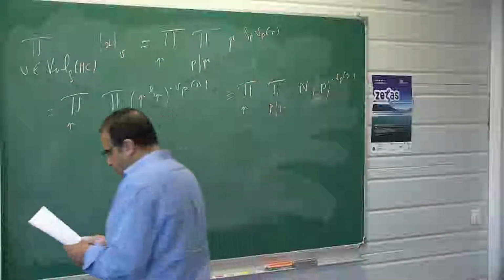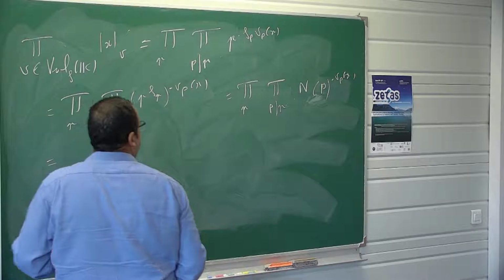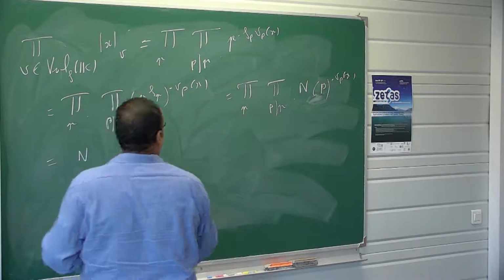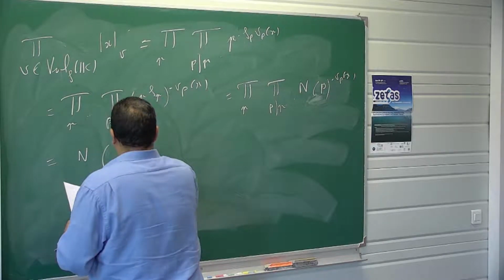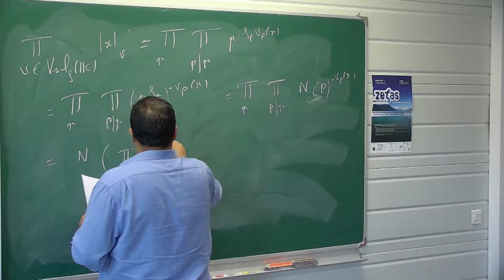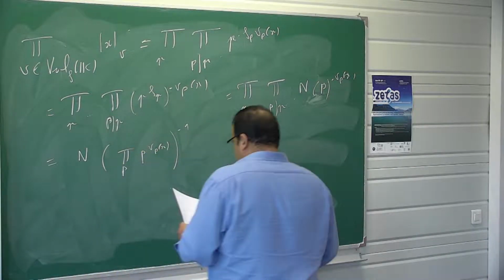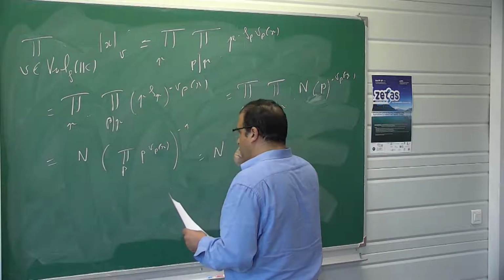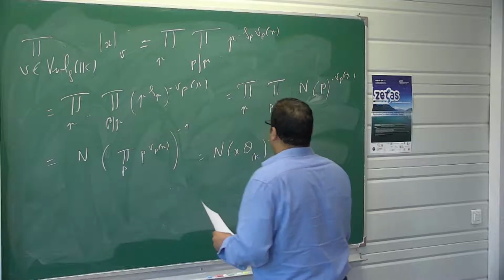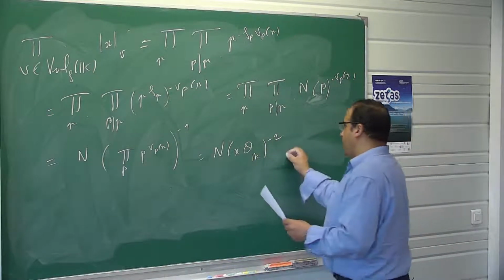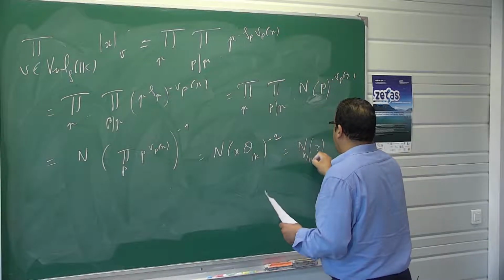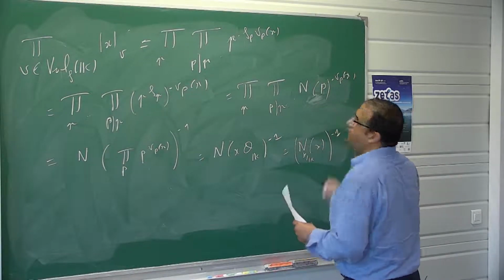From this you see that this is equal to the norm of the product of P to the v_P(x), minus 1, and this is the norm of x O_K minus 1, and we know that this is equal to the norm of x minus 1.